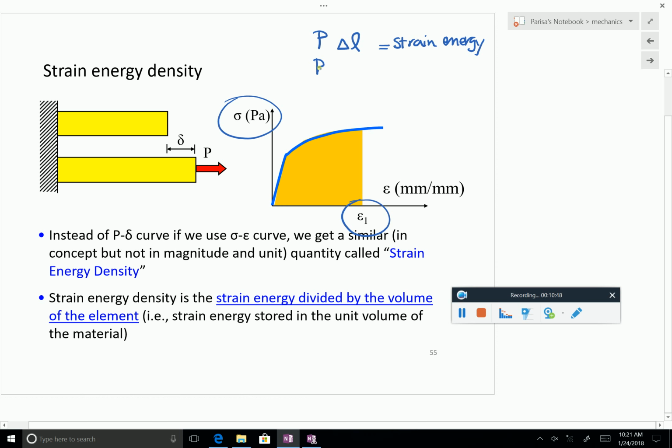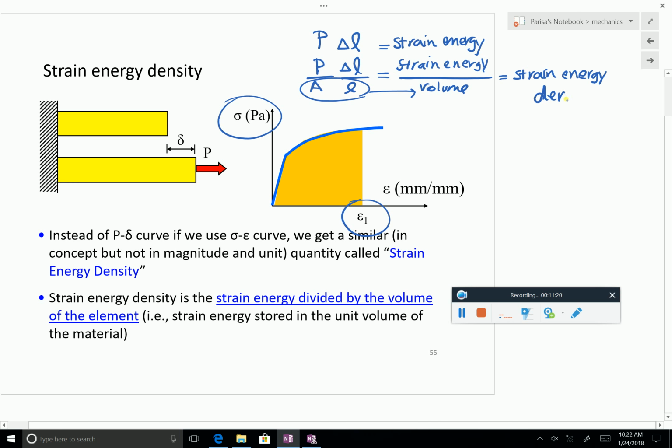But if I divide the force by the area, and I divide the displacement by the length, it is as if I'm dividing the strain energy by volume, isn't it? And this turns out to be a useful parameter, just as we have mass density, a strain energy density.